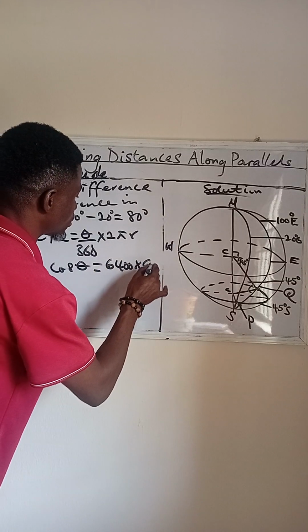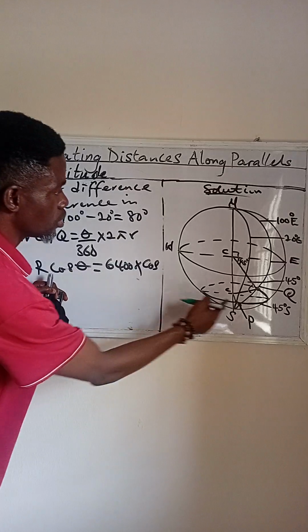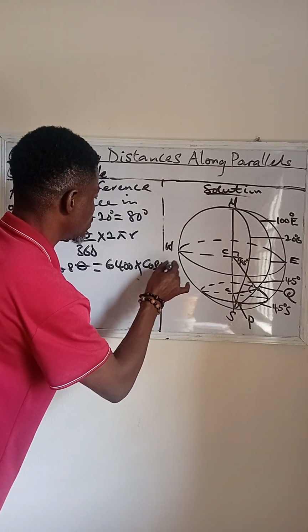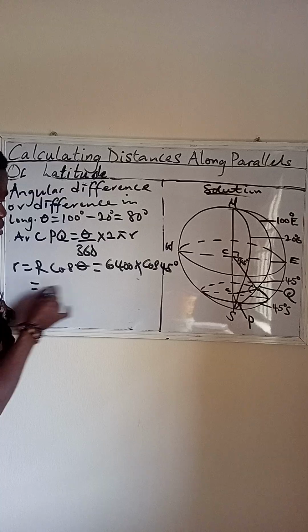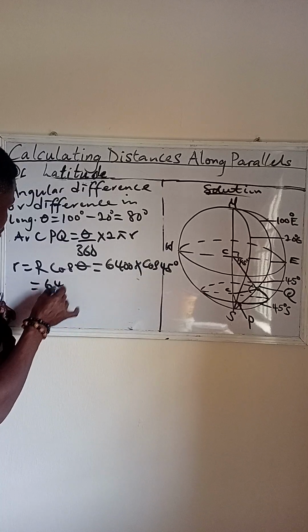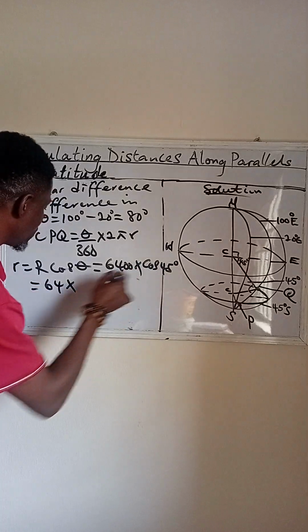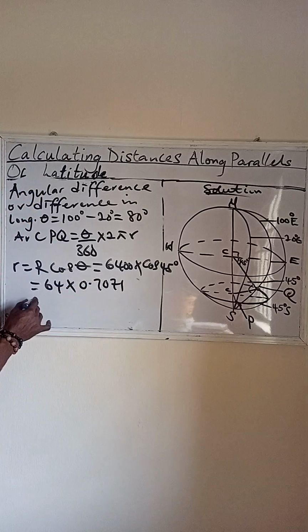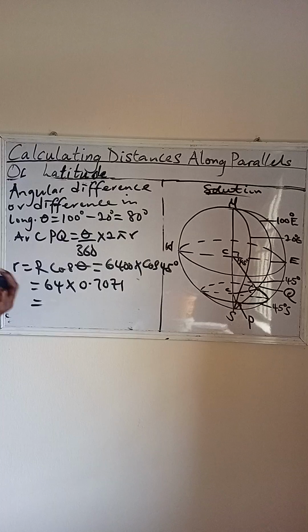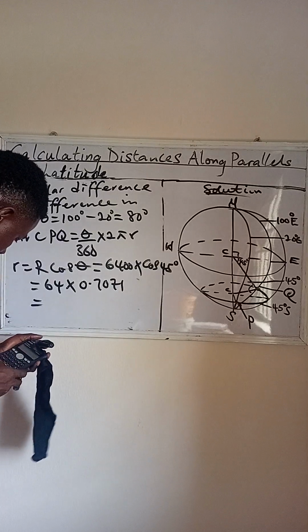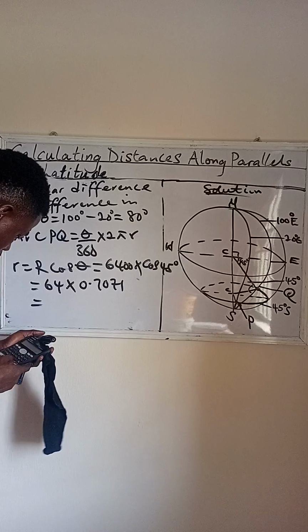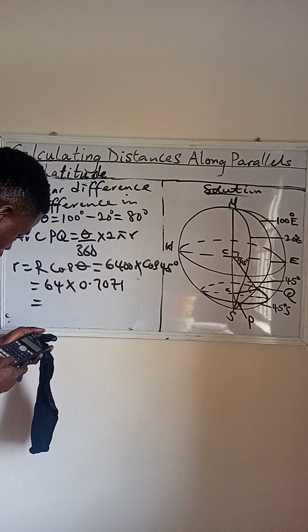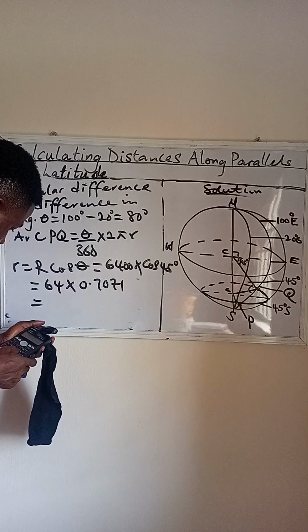What is cos theta? In that case, we have 45 degrees. That is the latitude. So we have 80 degrees times cos 45 degrees, which is 0.7071. Okay, so when we multiply this all together, what do we have? We have 6,400 times cos what?